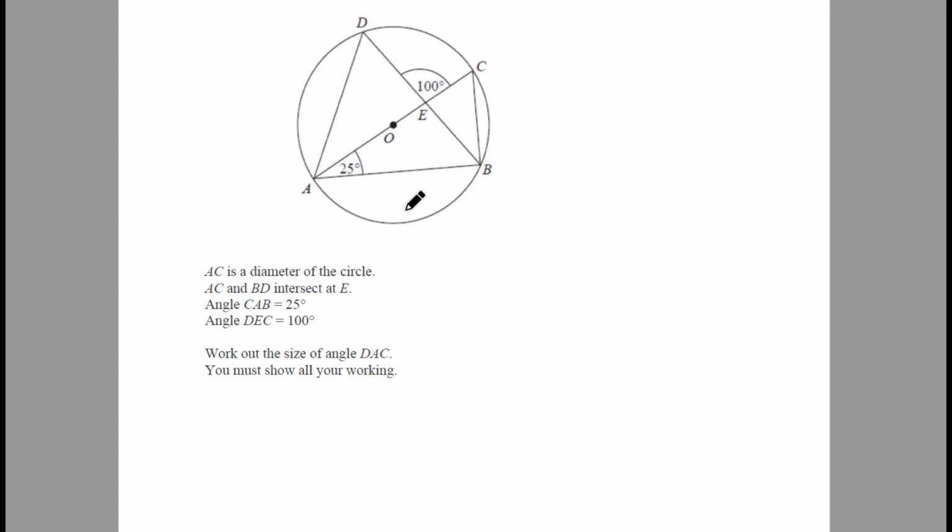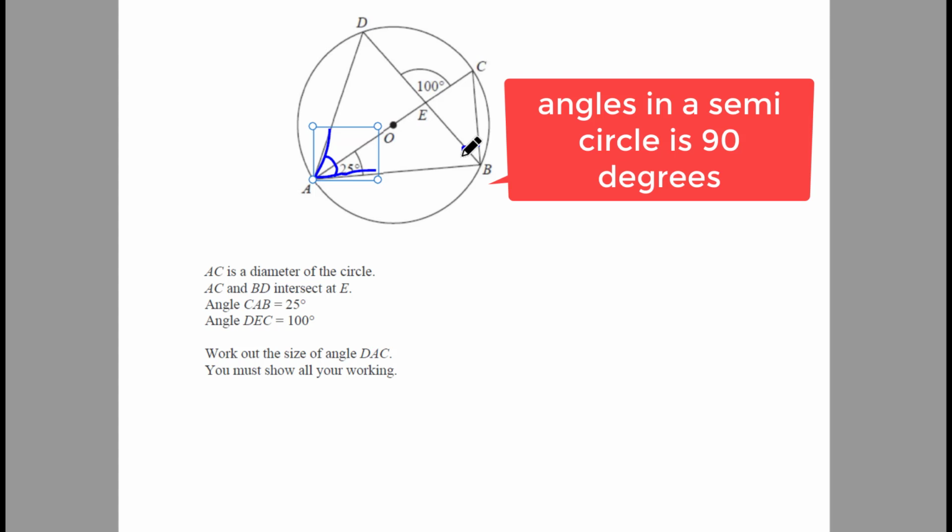It says work out the size of DAC, and this looks like a circle theorem question because it's circles and angles. So what circle theorems can we apply? It does say show all your working. Now this doesn't say give reasons, so we're quite good here. So this is 90 because that's one of the circle theorems.